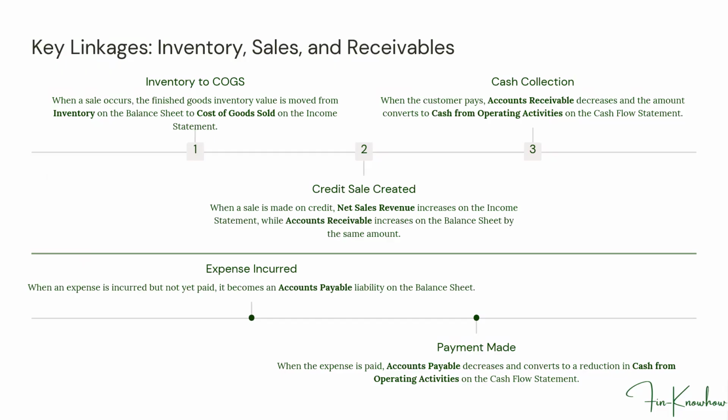When you sell that shoe, the sale price of the shoe will show up as revenue, and the value of the shoes that are sold will move from inventory to cost of goods sold.